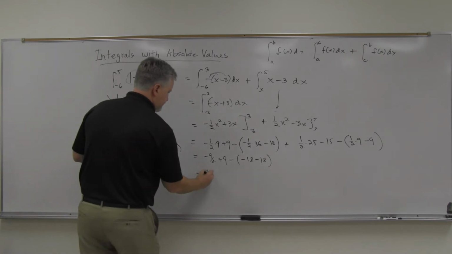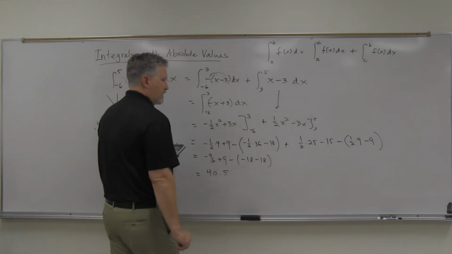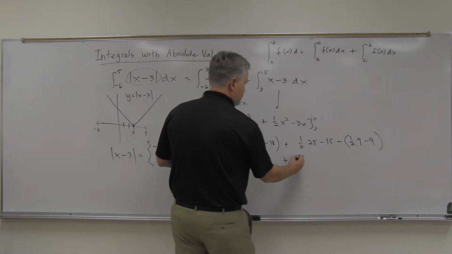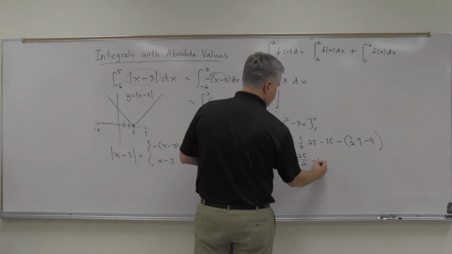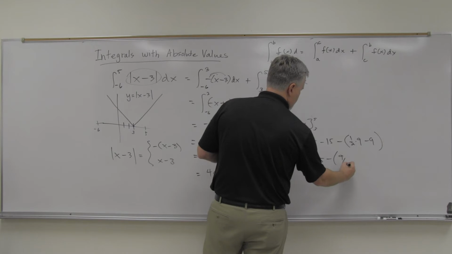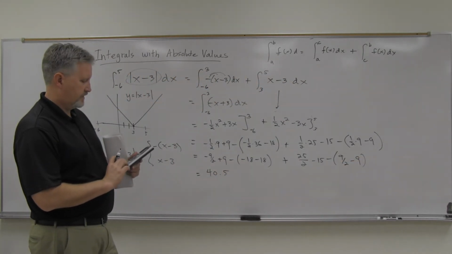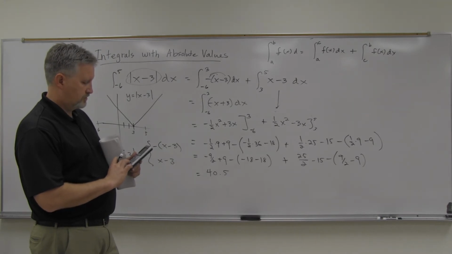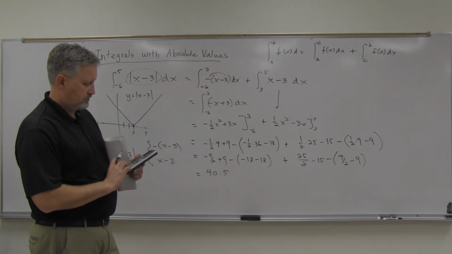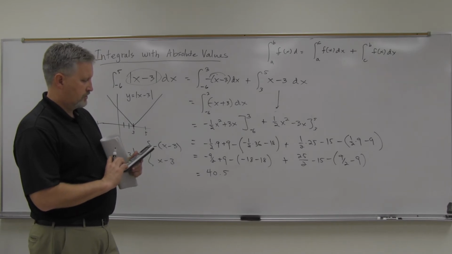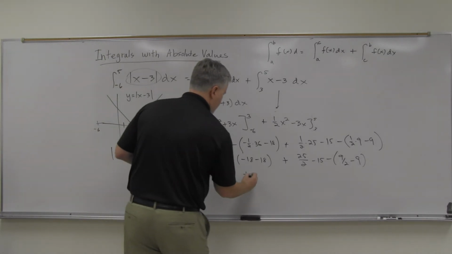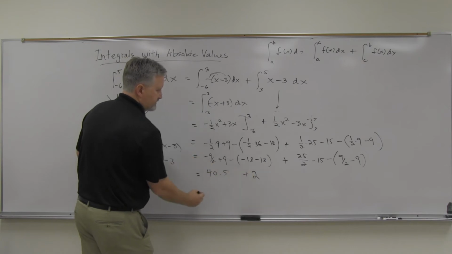$40.5 is what I get here. Over here, on the other hand, I've got 25 halves minus 15 minus 9 halves minus 9. So what does that give me? Two. 42.5. So 40.5 plus 2 is 42.5.